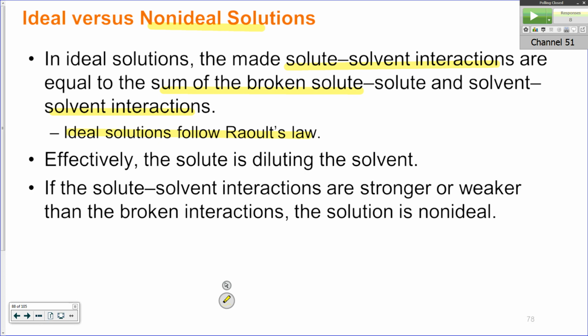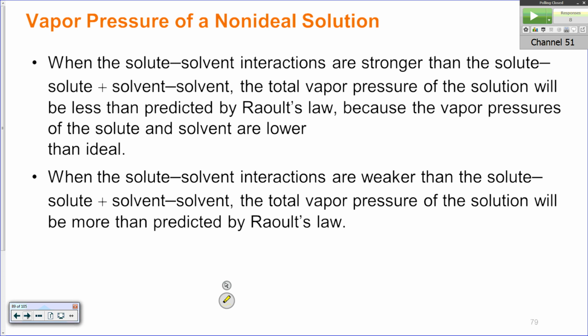What we'd effectively be doing is diluting the solvent down. If the interactions are stronger or weaker than what we initially had from the solvent-solvent or the solute-solute, the solution is non-ideal and things don't add together quite in a one-to-one combination.